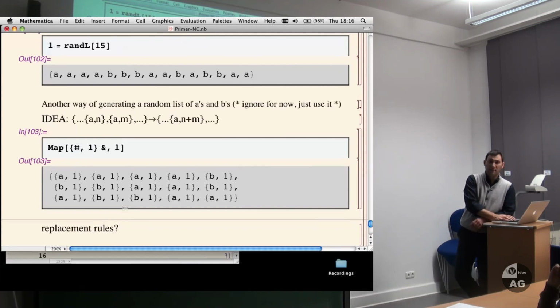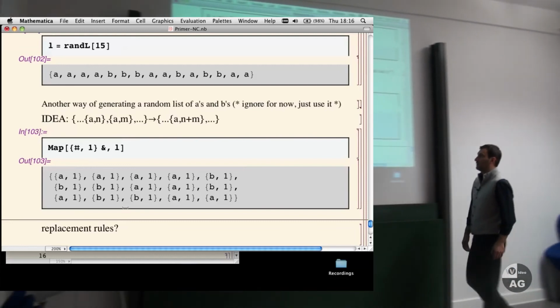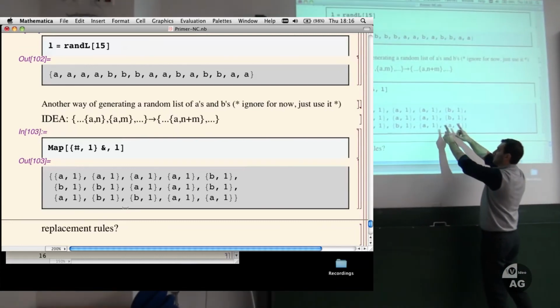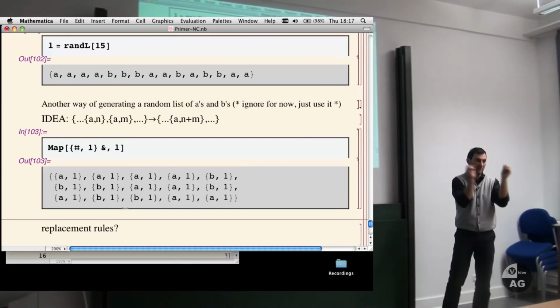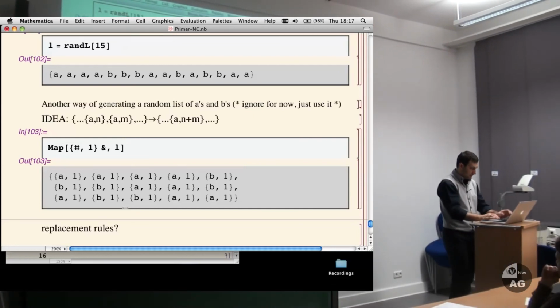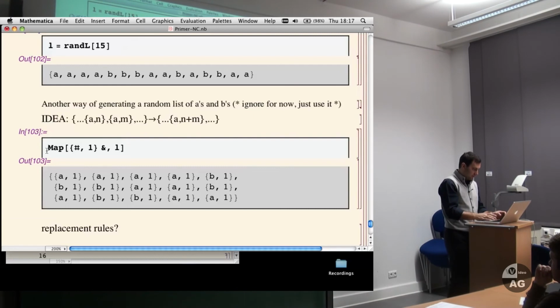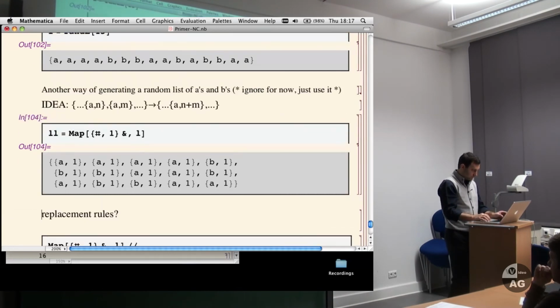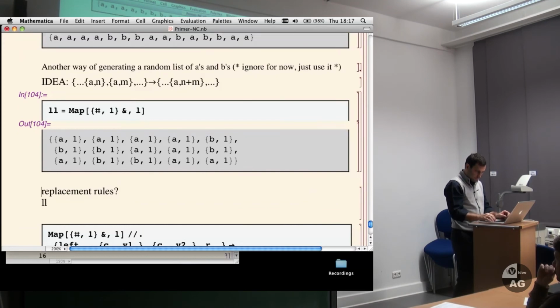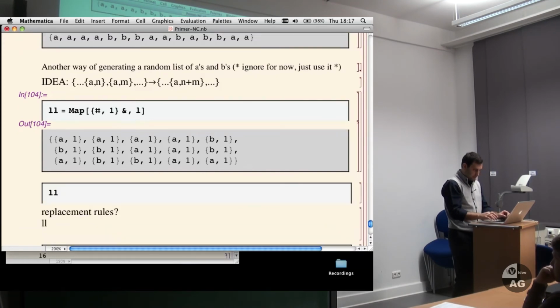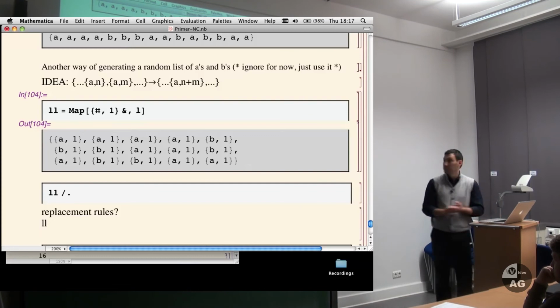And now I want a replacement rule that looks for adjacent pairs with the same character. So help me with this, please. LL. Okay, what do we want to do?